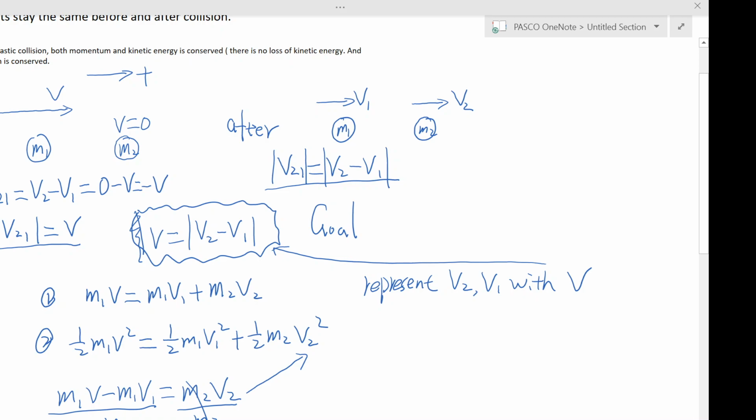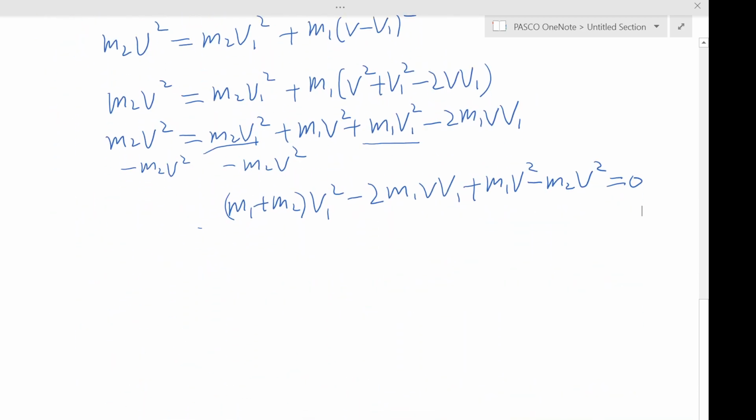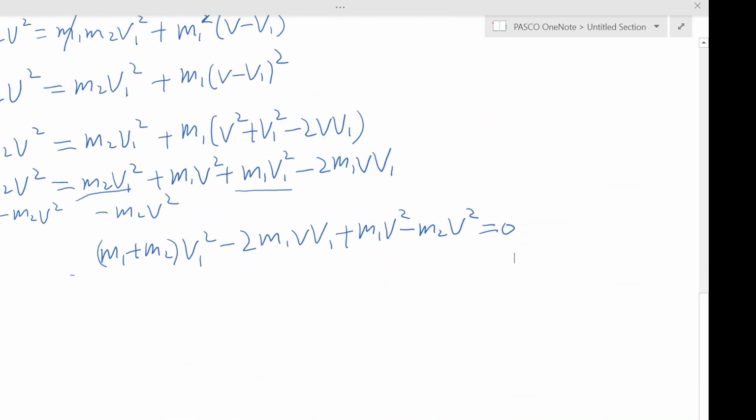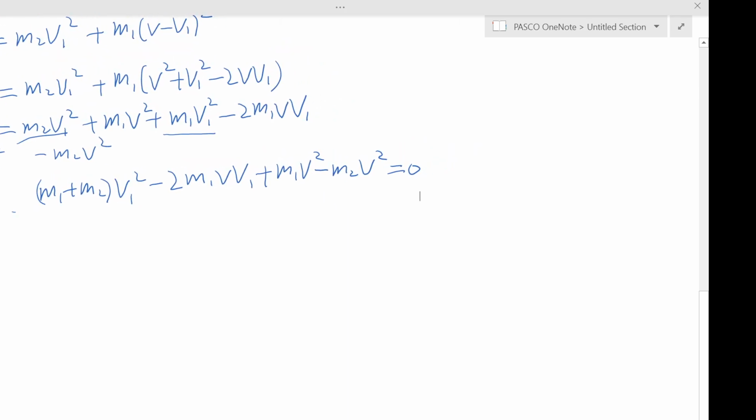So I'm sure I can represent v1, v2 with v fairly easily without having this really ugly square root stuff in the expression. So I'm confident that I can factor it. And so how do I factor it? I'm going to use what we call the crisscross method.